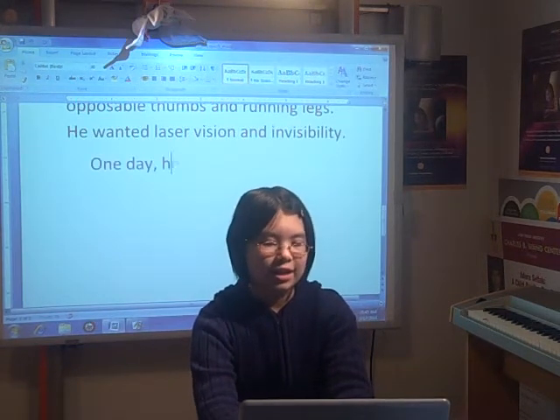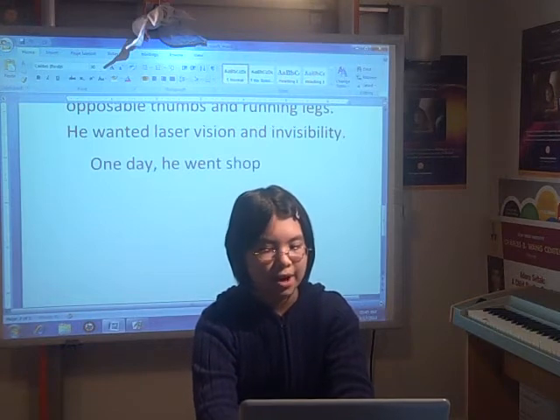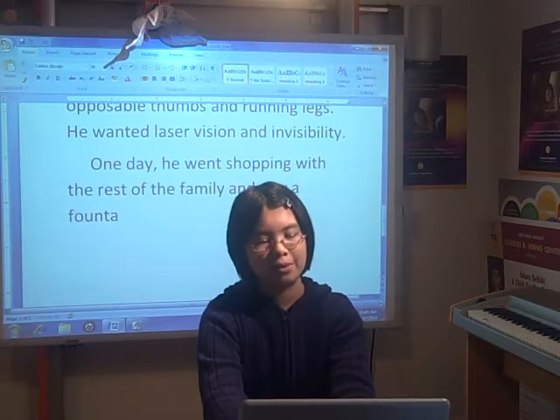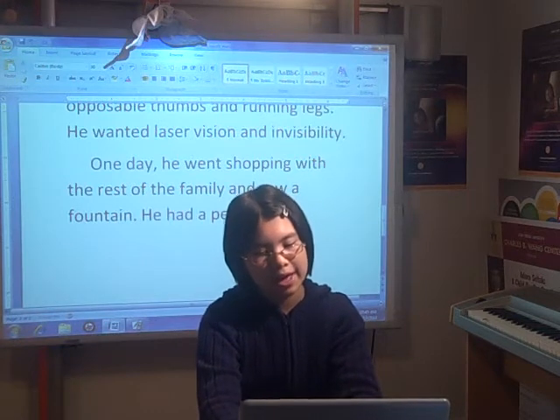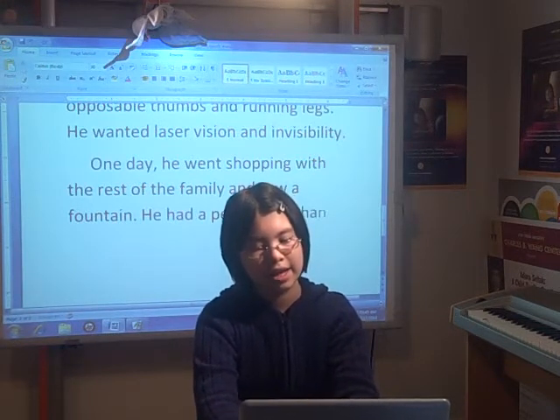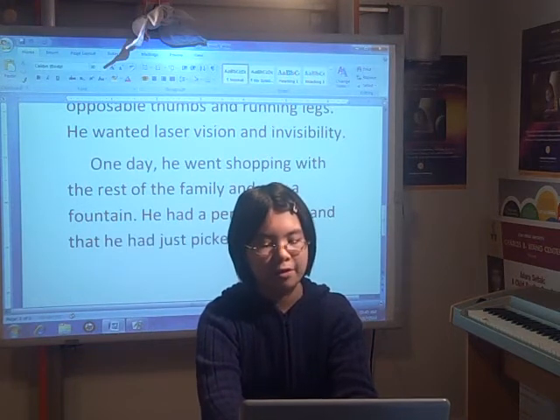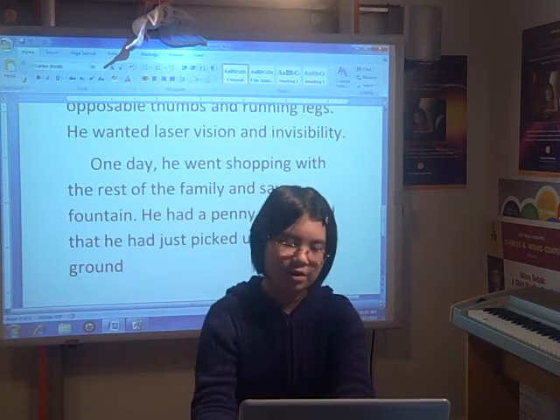One day he went shopping with the rest of the family and saw a fountain. He had a penny in his hand that he had just picked up off the ground. So, you know, if you see a penny on the ground, you pick it up.